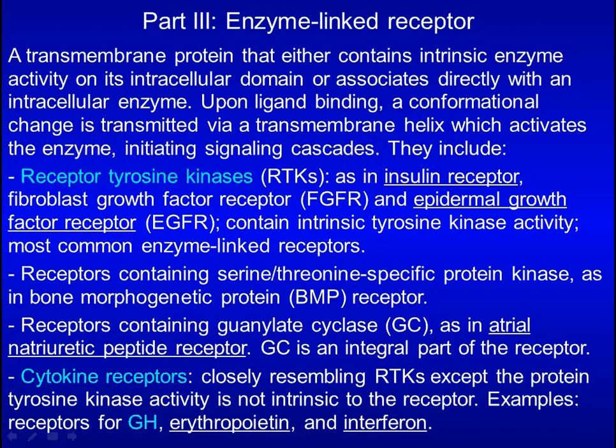Here are some major enzyme-linked receptors. Receptor tyrosine kinases contain intrinsic tyrosine kinase activity. They are the most common enzyme-linked receptors. Examples include insulin receptor, EGF receptor, and FGF receptor.